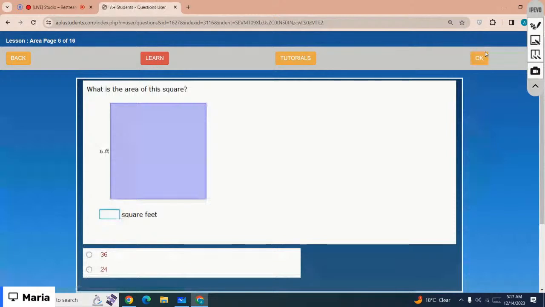What is the area of the square? Which is the correct option? Yes, that is side times side, 6 times 6 is 36 square feet. The correct option is 36 square feet.